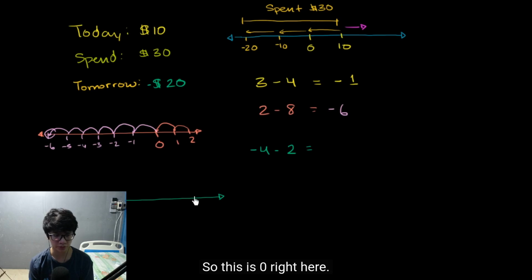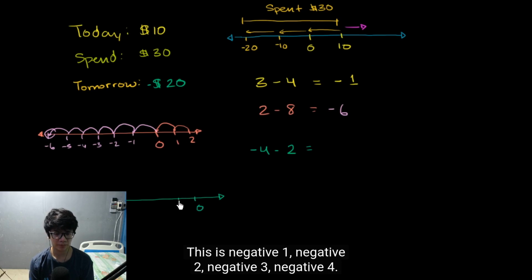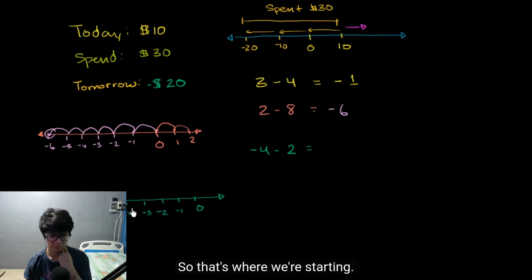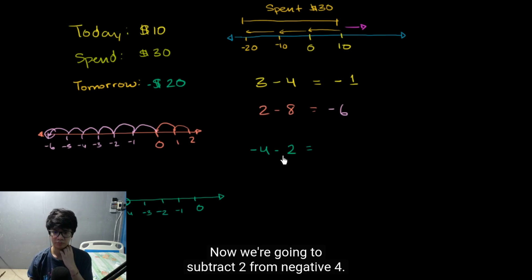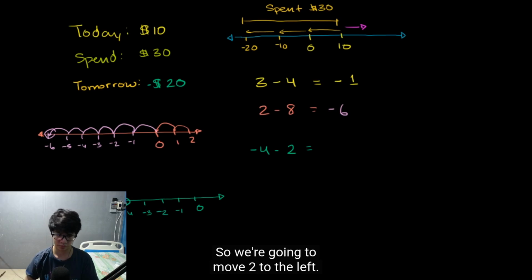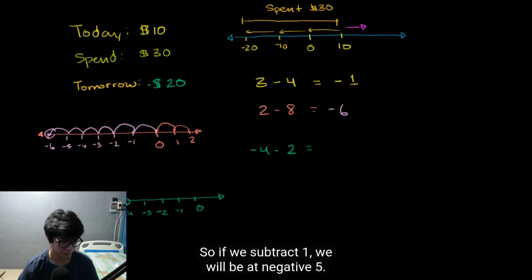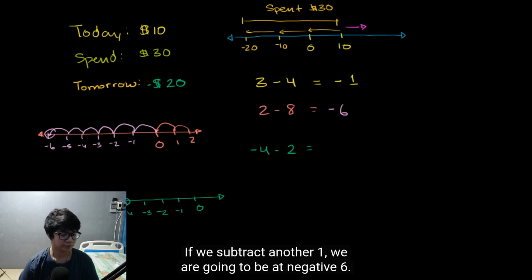Negative 4 minus 2. So this is 0 right here. This is negative 1, negative 2, negative 3, negative 4. So that's where we're starting. Now we're going to subtract 2 from negative 4. So we're going to move 2 to the left. If we subtract 1, we will be at negative 5. If we subtract another 1, we are going to be at negative 6. Cool.